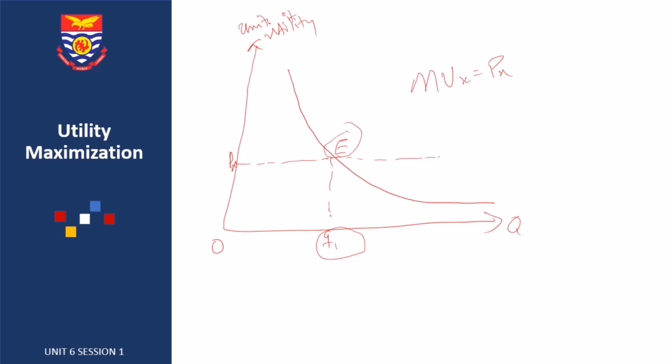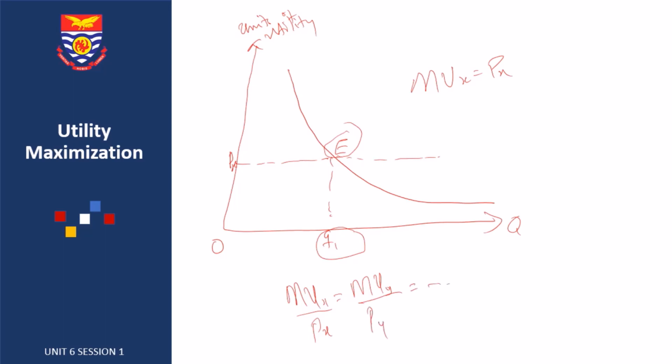So in the case of two or more goods, the consumer maximizes total utility when he distributes his expenditure among the various things he buys in such a way that the ratio of their marginal utility to their respective prices will be equal. And we are looking at the ratio, so assuming I have different commodities, I can have X, Y, Z and so on. So the ratios of their marginal utility to their respective prices should be equal. They should be the same, and that establishes the equilibrium condition for utility.